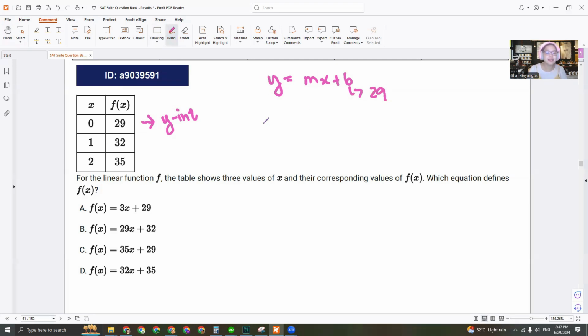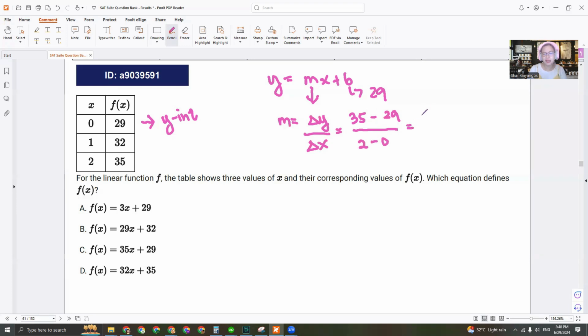What else? We need a slope. Slope is the change in y over the change in x. So just choose two coordinates. We normally use the uppermost and the lowermost points in the table. That is 35 minus 29, where y is basically the value of f of x at x equal to 2 and 0 respectively.